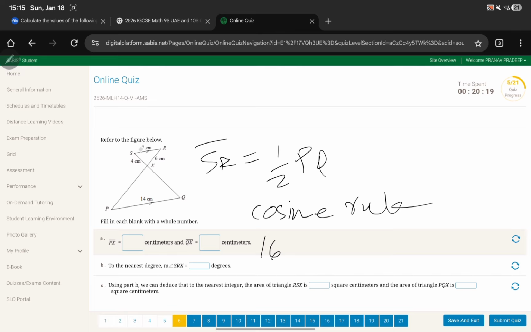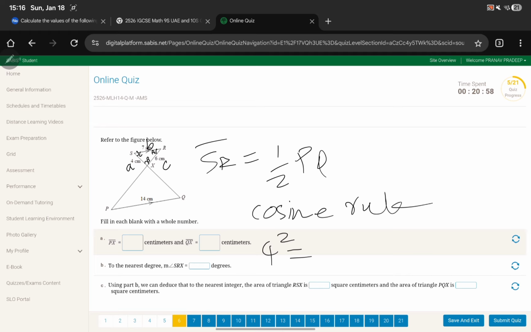We're talking about this triangle. I'll just simplify things further. Let's say this is A, B, C, and this is angle B, angle A, angle C. Now it's much clearer.